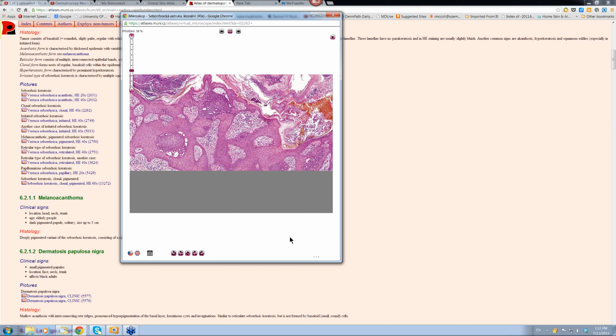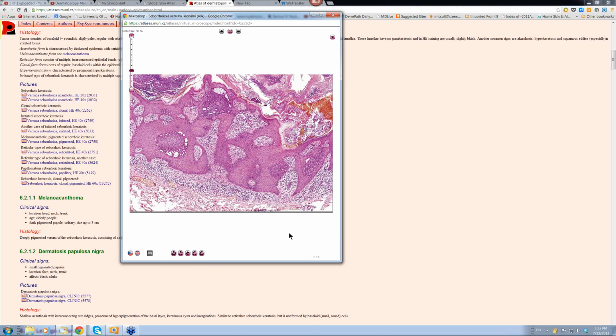Now, in a clonal seborrhoeic keratosis, we said there were going to be little different populations of cells. I'm looking at these cells here, these lighter cells here, as being the clones.